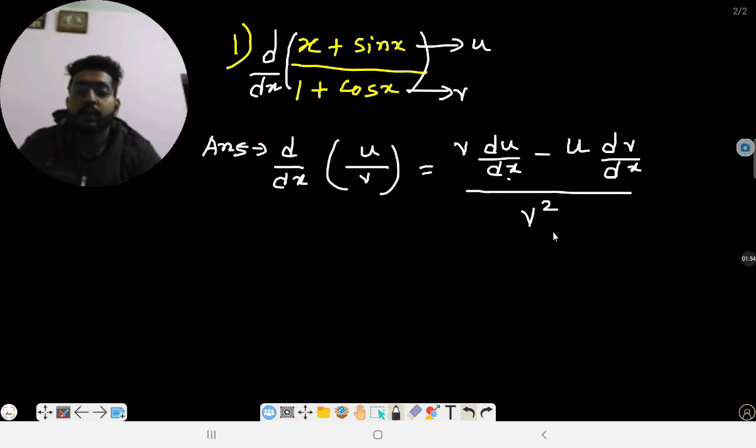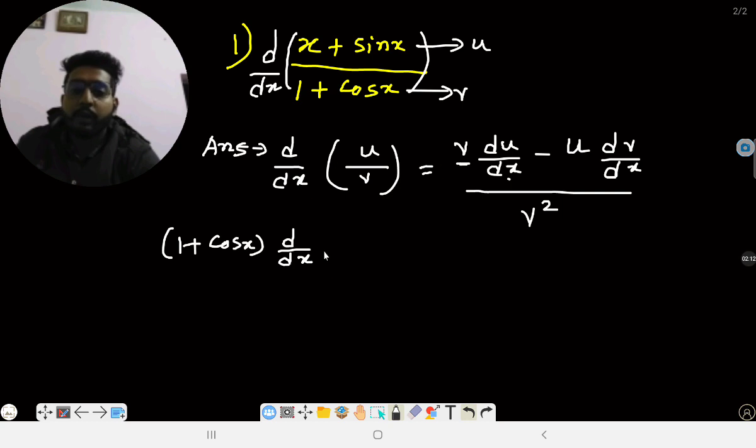So here you can see it is x plus sin x by 1 plus cos x. Now how to solve this? Here you can see this is the u. So what will be my answer here? First of all, what is the constant here? First v will be constant. That means here 1 plus cos x will be the constant one. Then you have to differentiate d/dx of u. Now what is u here?